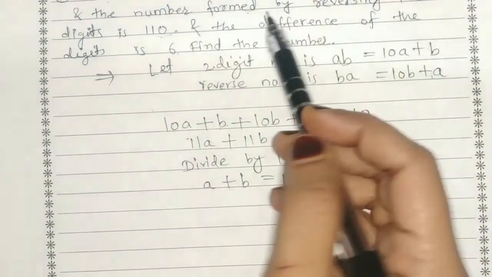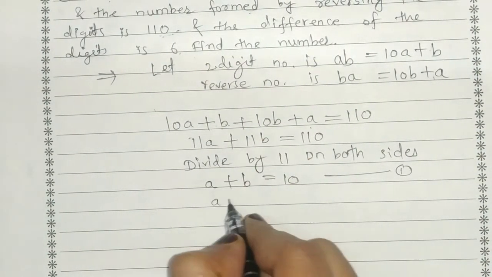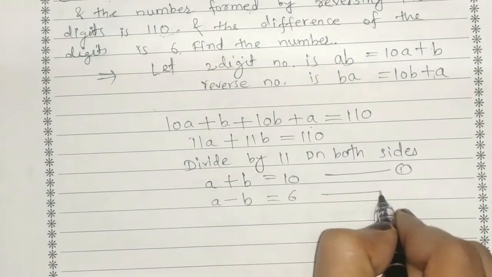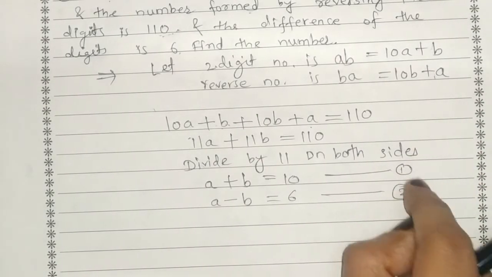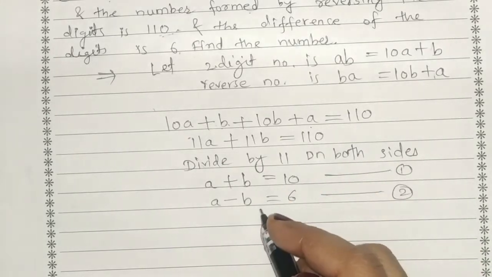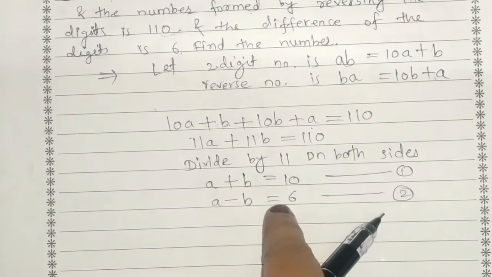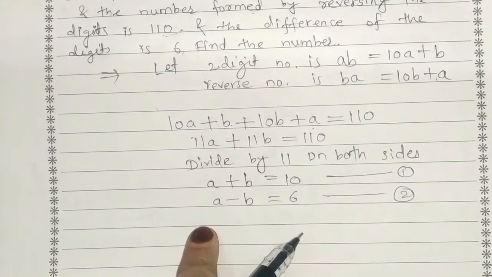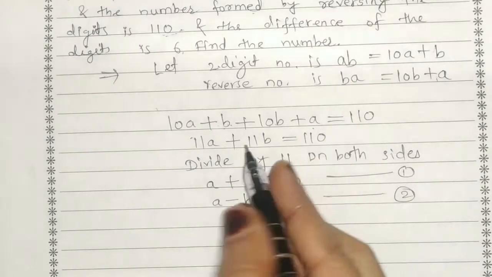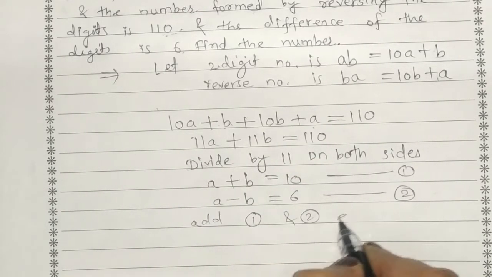Now we want one more equation. The difference of the digits is 6. A minus B is equal to 6. This will be equation number 2. After getting equations 1 and 2, we have to watch carefully what we can do, add or subtract. If I subtract, the A's cancel, and if I add, the B's cancel. It depends on us.